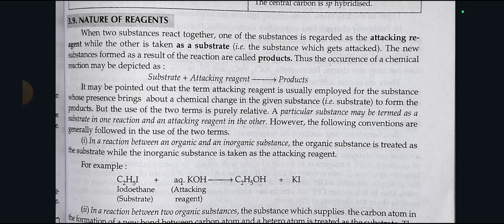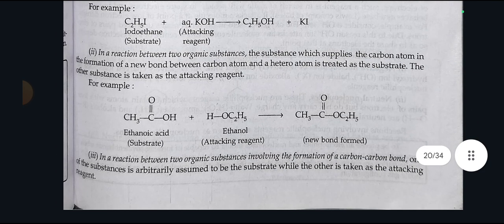First, in a reaction between an organic and an inorganic substance, the organic substance is treated as the substrate while the inorganic substance is taken as the attacking reagent. For example, C2H5I, iodoethane, substrate, plus aqueous KOH, attacking reagent, gives C2H5OH plus KI.